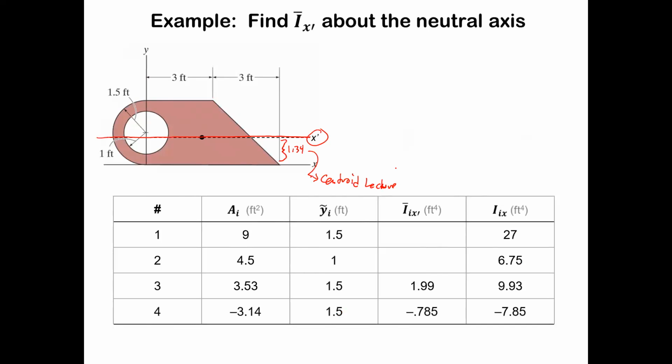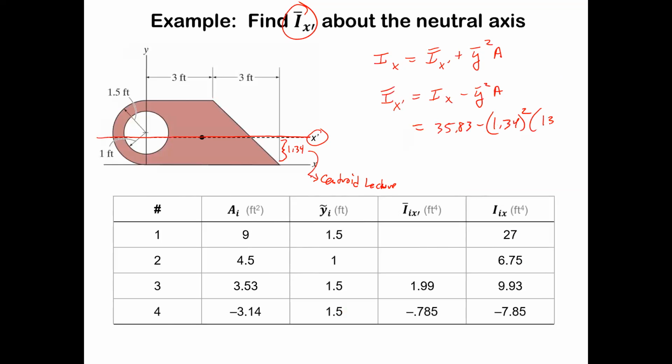So if we need to find the moment of inertia about the neutral axis of this body, we have to use the parallel axis theorem yet again. So Ix equals Ix prime bar plus Y bar squared A. And we can then solve for Ix prime bar as Ix minus Y bar squared A, or that's going to be 35.83 minus 1.34 squared times 13.89, which is the area of that body.